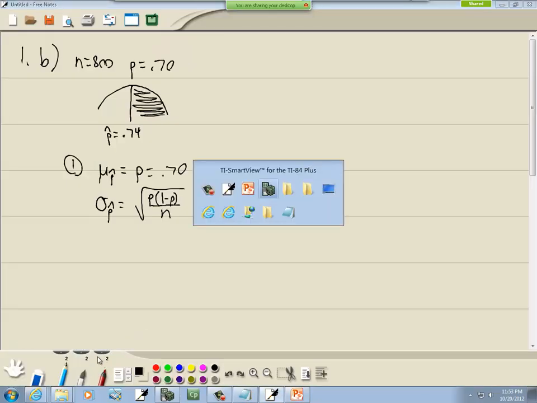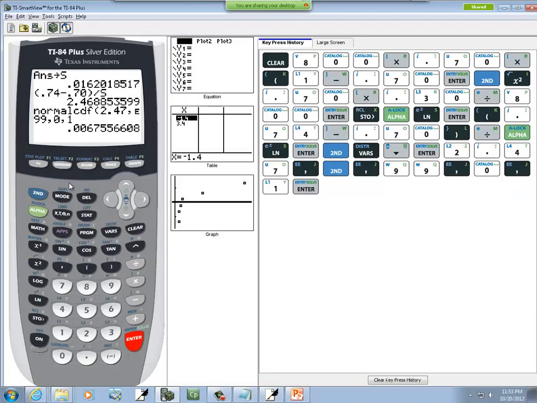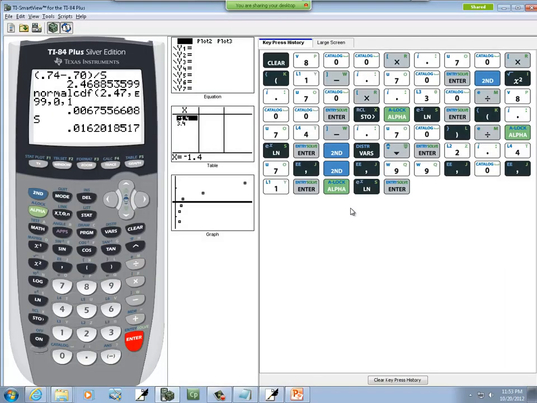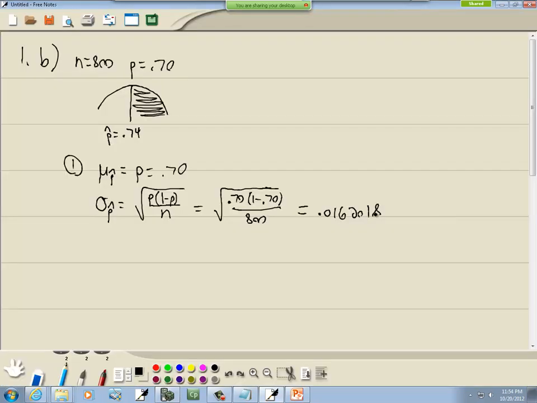And we already have this in our calculator. If I do alpha ln for the S and press enter, that was this value, 0.0162018517. Now again, I have that stored in S, so I can access it later.